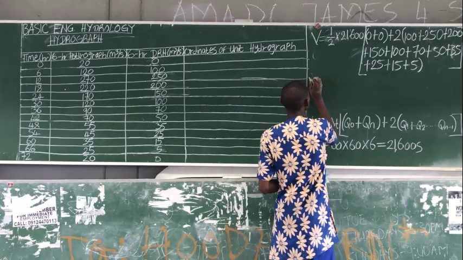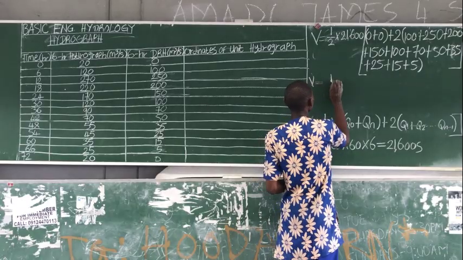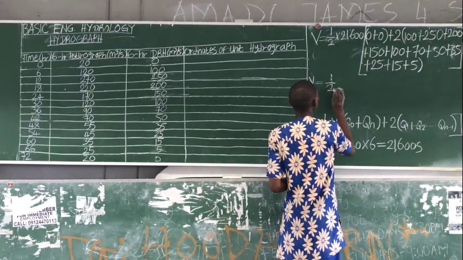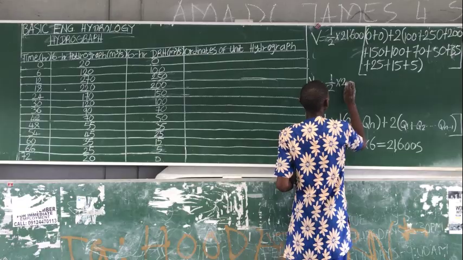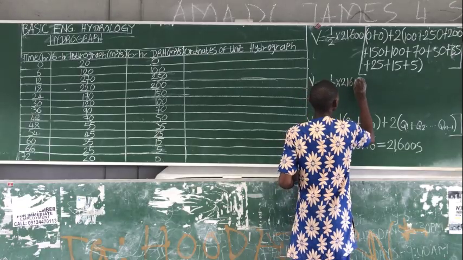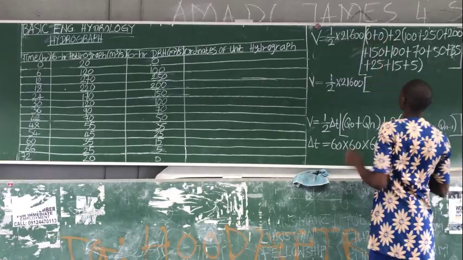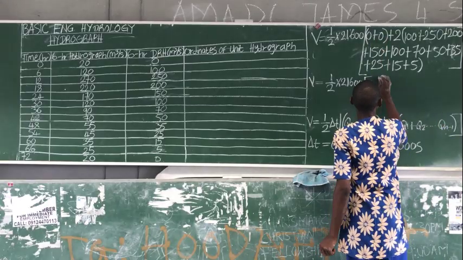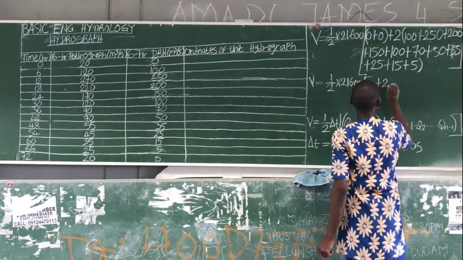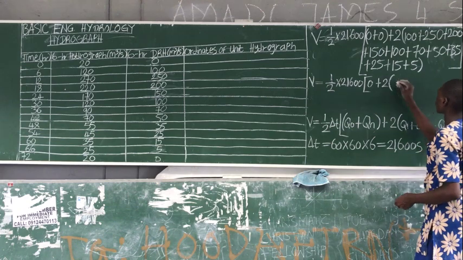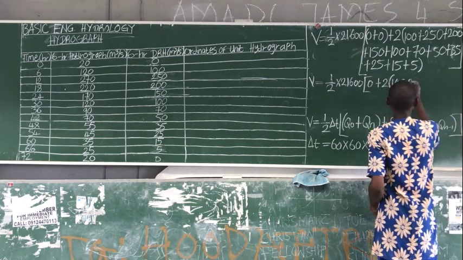So our V is simply equal to 1/2 times 21,600 into, so this plus this is simply 0 plus 2 into 1,000.